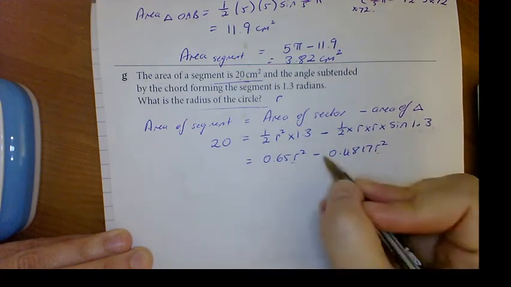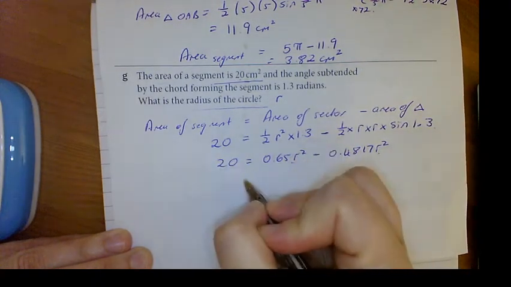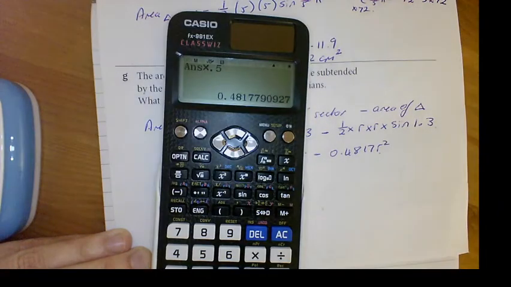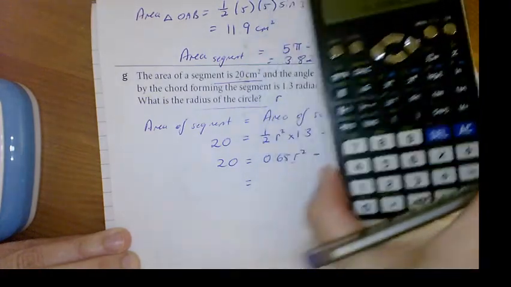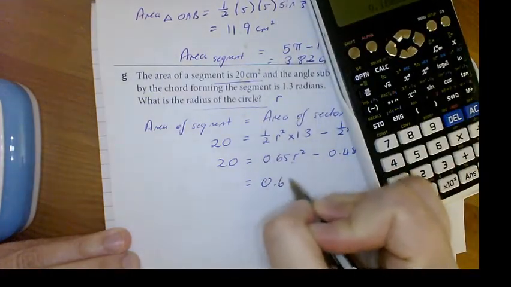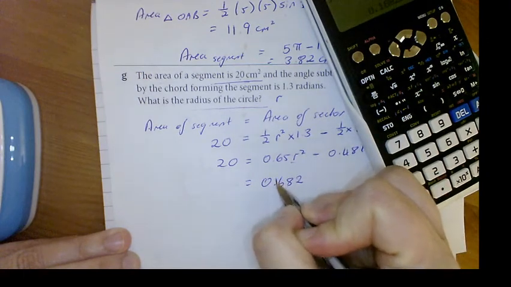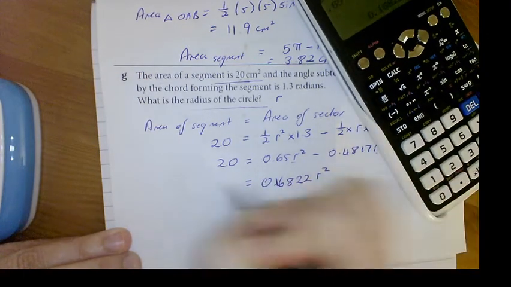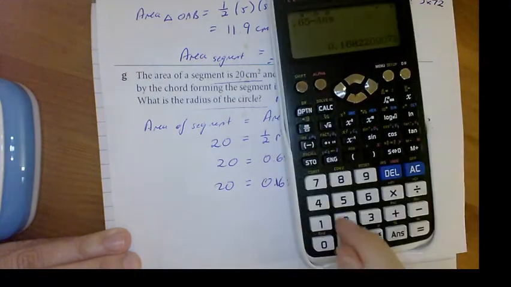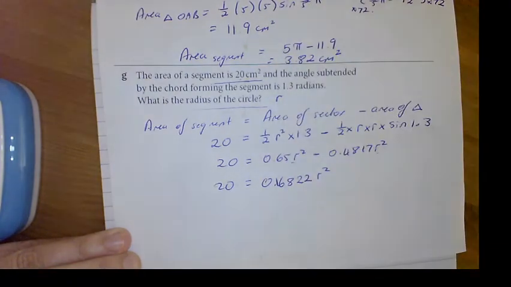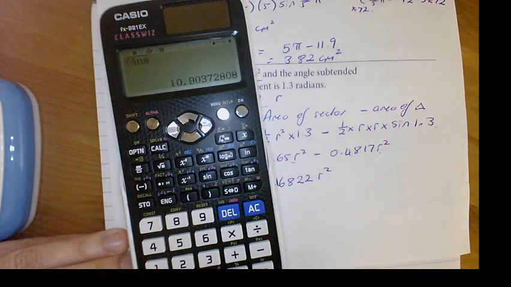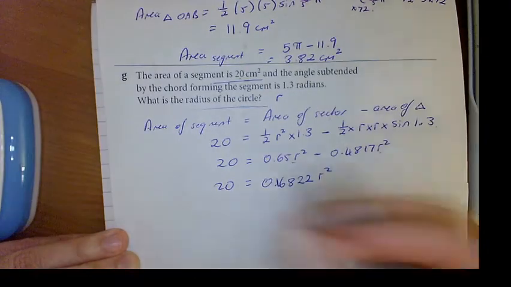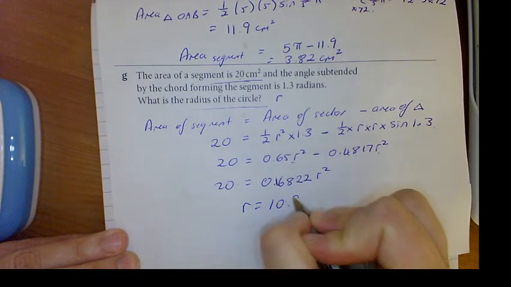Well, these are both r squareds, so I can subtract them. So I'm going to do 0.65 minus answer, the answer button is very powerful, and that gives me 0.16822 r squared is equal to 20. So I do 20 divided by the answer, then I square root because I need just the r, and I get my r to be 10.9.